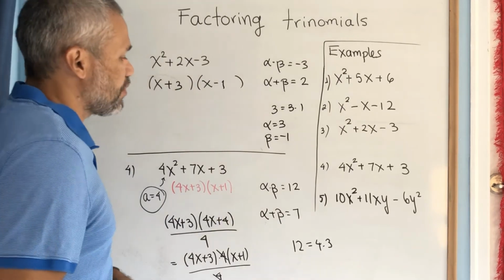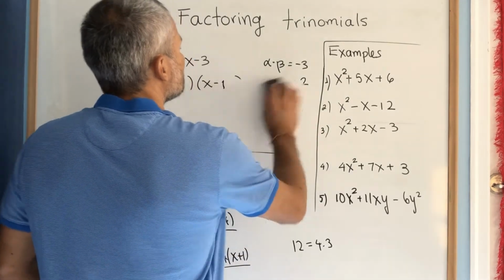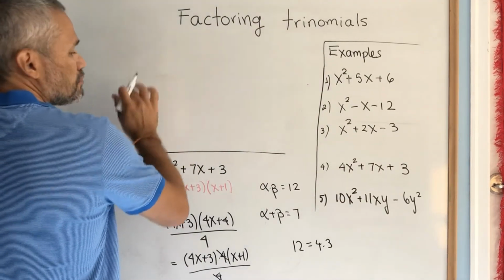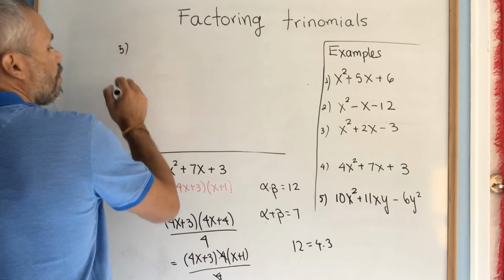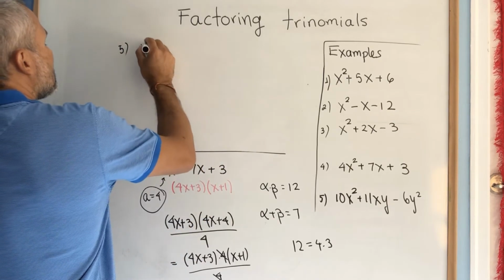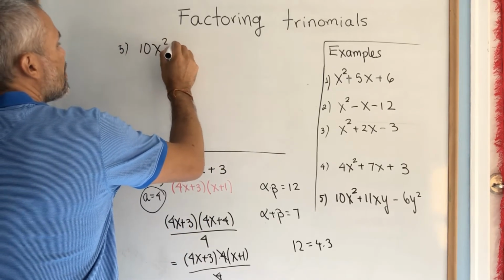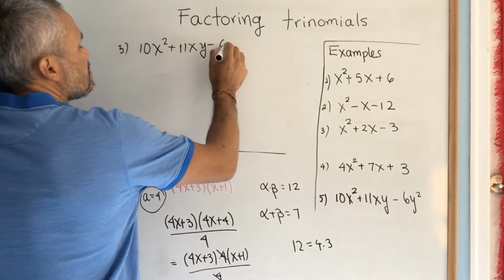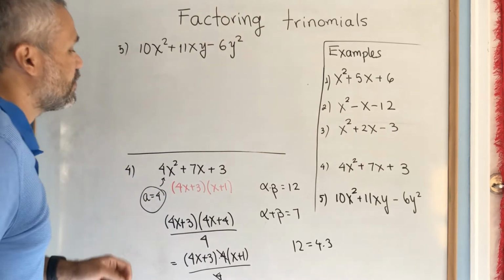Let's do example number 5. We have 10x squared plus 11xy minus 6y squared.